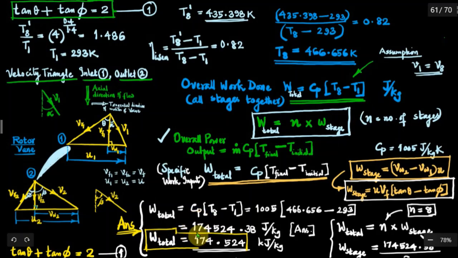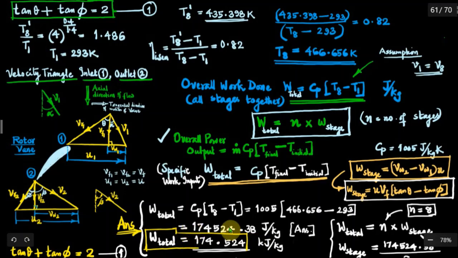So how do you find Cp into T8 minus T1? Cp is 1005, into T8, which is 466.656, minus T1, that is 293. If you substitute here, you will get 1,74,524.38 joule per kg. So that is the specific work input to the compressor.